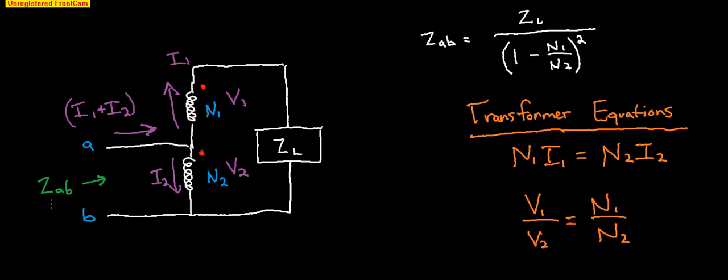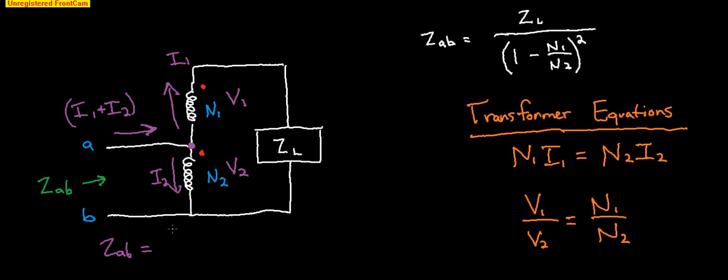Next, let's try and put this impedance in a simpler expression. We can say ZAB is going to be equal to, well, typical impedance would just be V over I. In our case, we can see terminal A is connected right to this V2, that's the voltage on our second inductor.